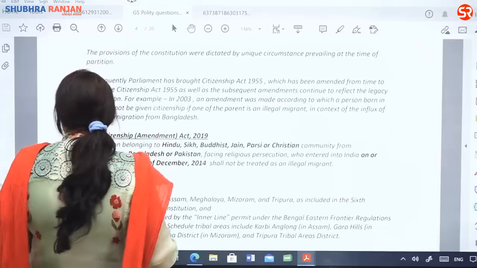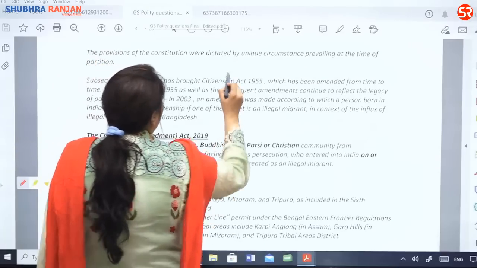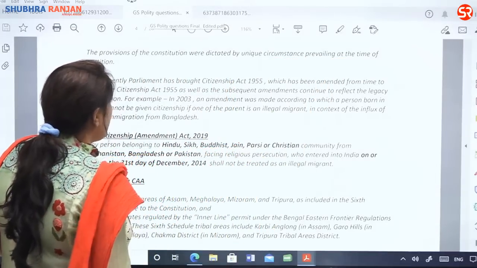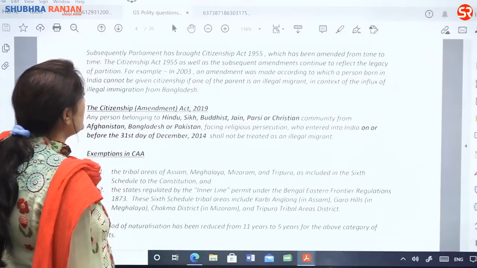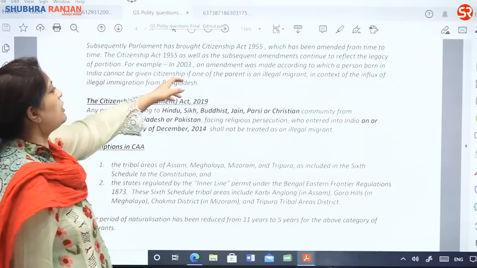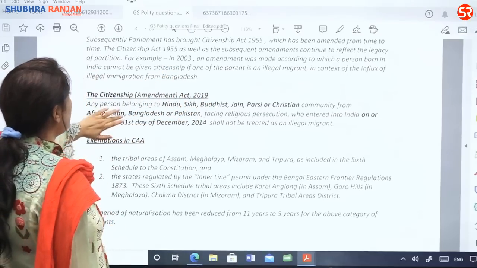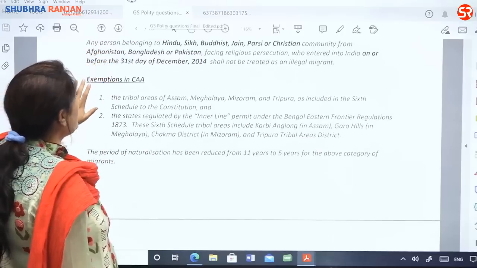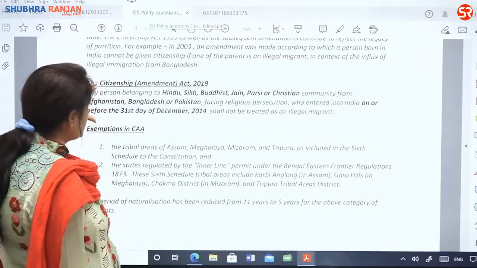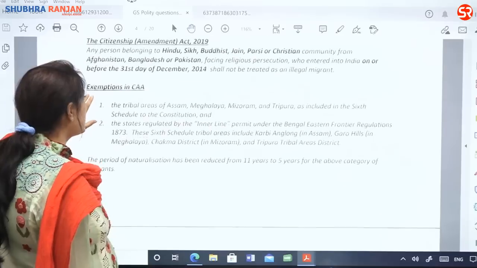Then the provisions of the Constitution have been dictated by the unique circumstances that were prevailing. Subsequently, Parliament brought the Citizenship Act, and in 2003 brought necessary amendments. Now the Citizenship Amendment Act, you can bring in the OCI issue, etc. But this is the main theme of why the question was asked.